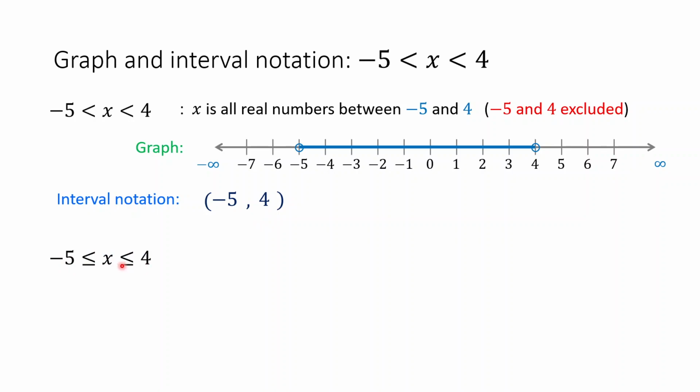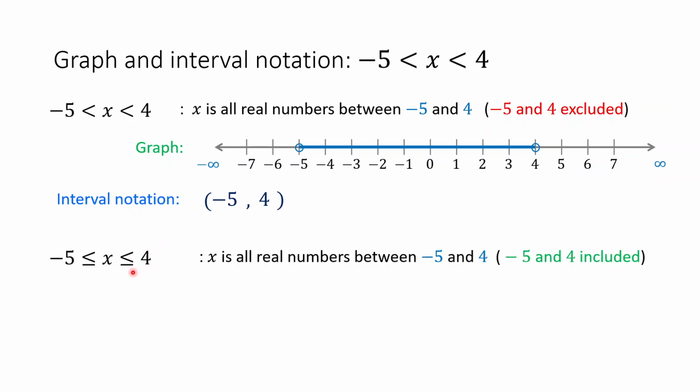Now I have this one. So here there is an equal sign and also another equal sign here. This means this x is all real numbers between -5 and 4, and the numbers -5 and 4 are included.